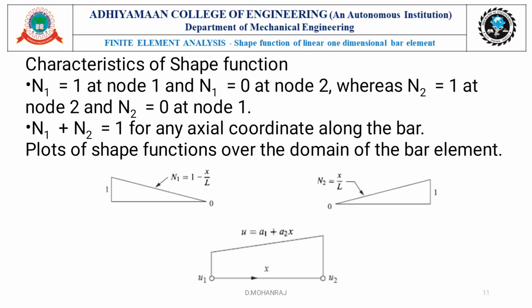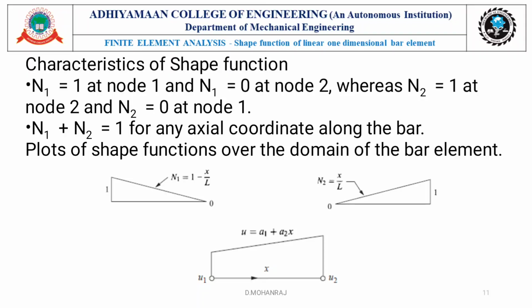That means the shape function is 1 at its own node and 0 at the other node. And another characteristic of shape function is that the summation of all the shape functions is equal to 1. That means if you add the shape functions n1 and n2, you are going to get 1. That is 1 minus x by L is the shape function 1, whereas x by L is the shape function 2. If we add these two, we are going to get 1.